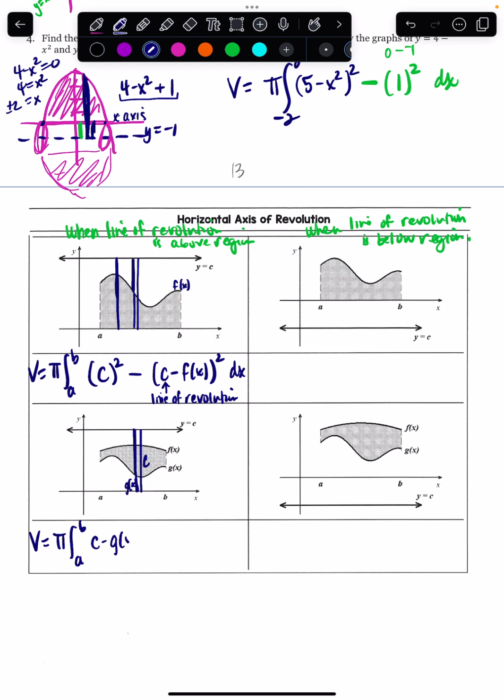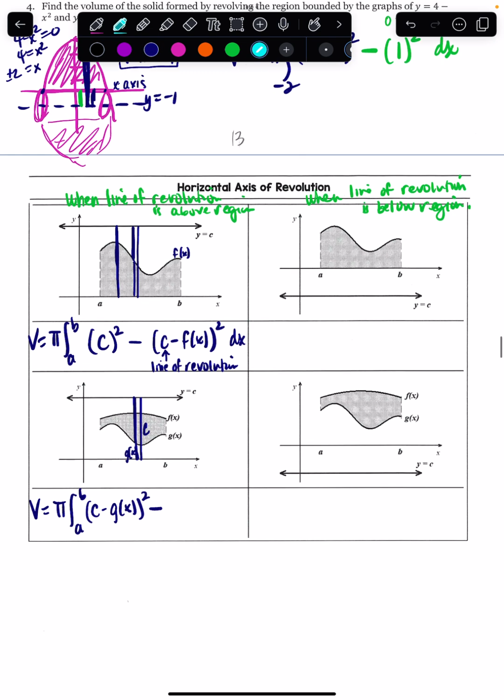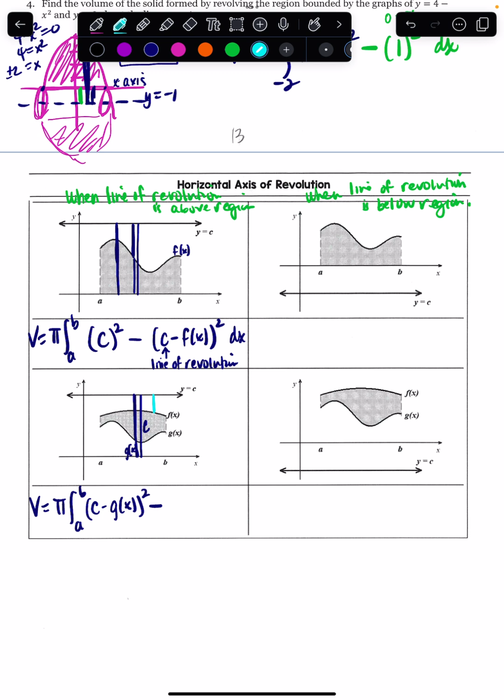Rotate that, and then minus, now you've got to do this one. What is that one? c minus f of x. Square that. That's how you get it.